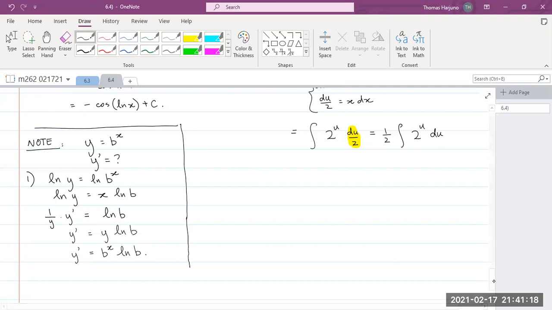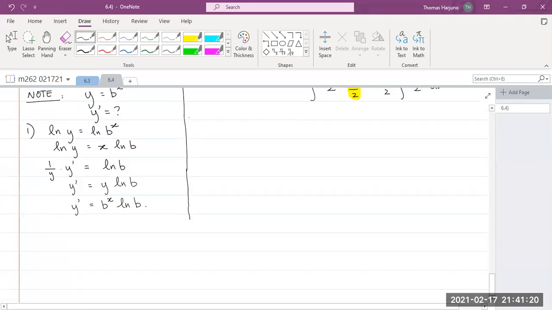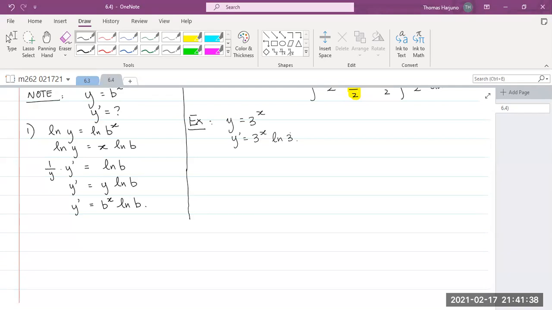As if we are saying a little example here. If I have y equals 3 to the x, then y prime will be itself times the change of base. Or if you want to make it uglier, let's say y equals 5 to the cosine x. Then what is the y prime?